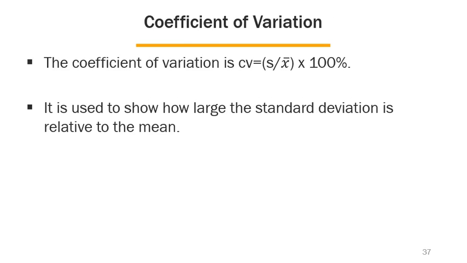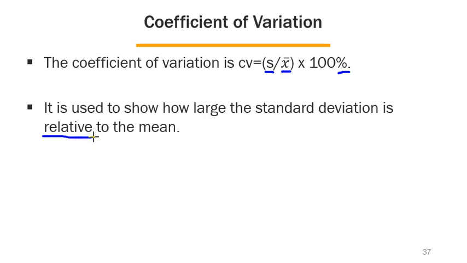The next concept for variation is the coefficient of variation. The definition of the coefficient of variation is the standard deviation, so that's the S, divided by the sample mean, that's the x bar, and then it's expressed in percentage terms, so we multiply it by 100. This is used to show how large the standard deviation is relative to the mean.